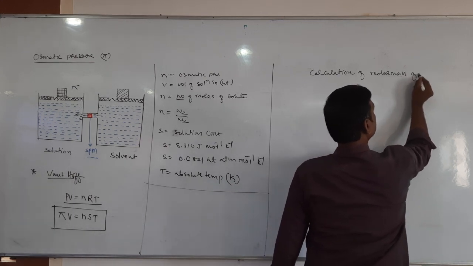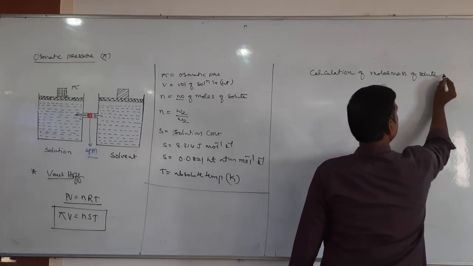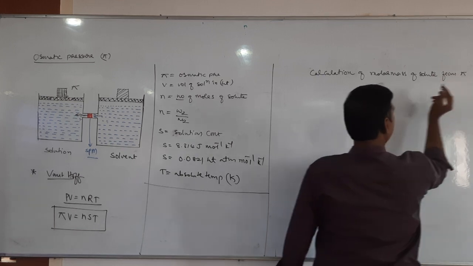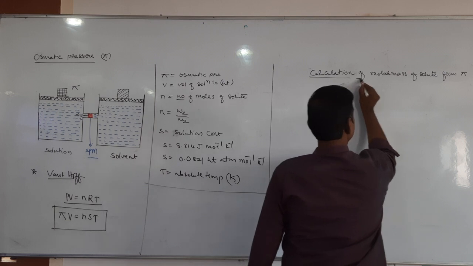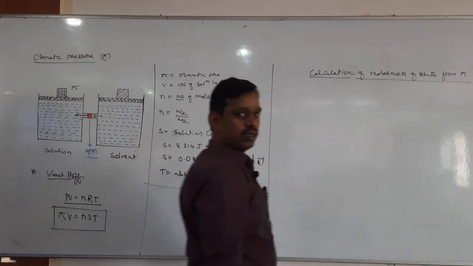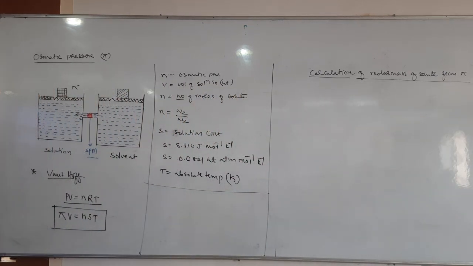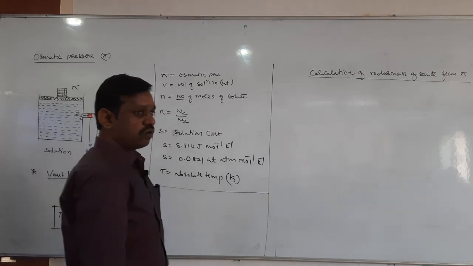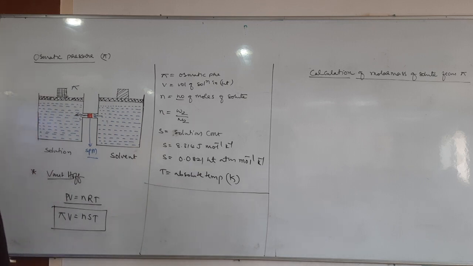Calculation of molar mass of solute from osmotic pressure. So we know that one of the important uses of all the colligative properties is to calculate the molar mass of the solute. We can calculate very accurately the molar mass of the solute. Now let's see, how do you calculate molar mass of the solute from the osmotic pressure?